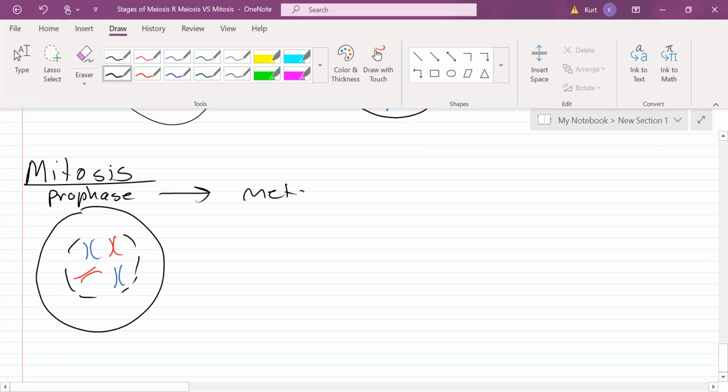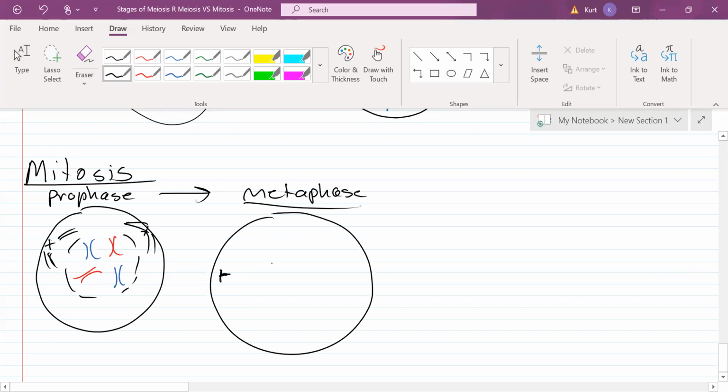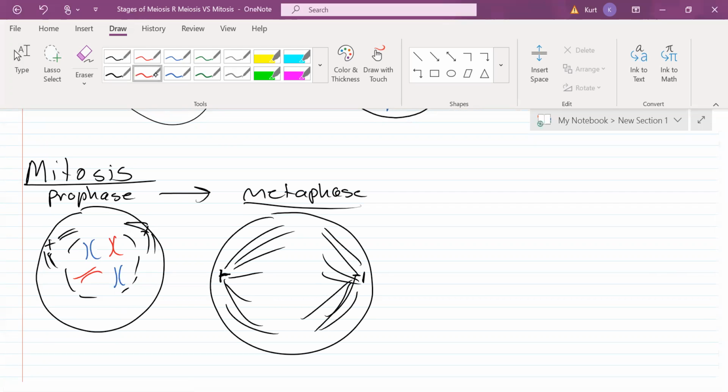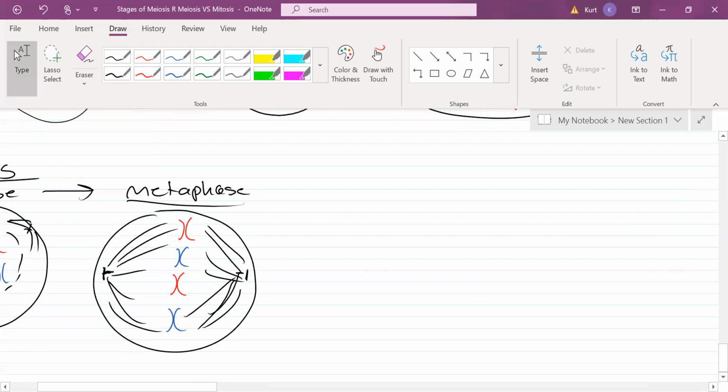Metaphase. I should probably draw the spindle starting to assemble, shouldn't I? There you go. Easy enough, right? Chromosomes form along the metaphase plate. Anaphase.